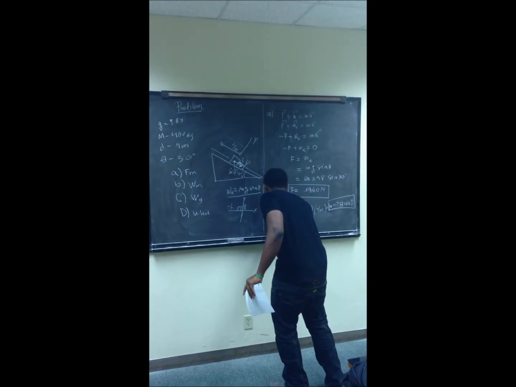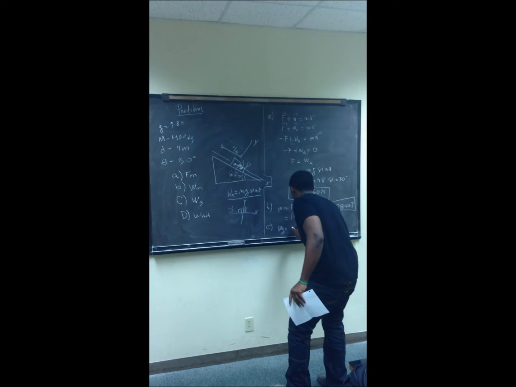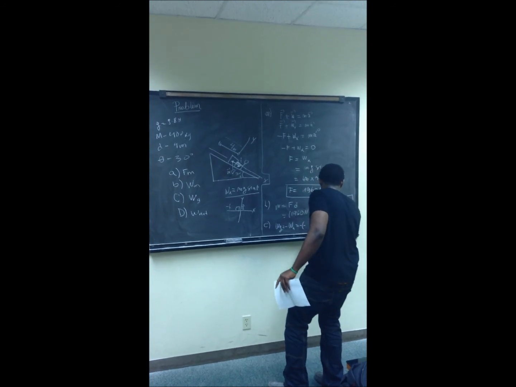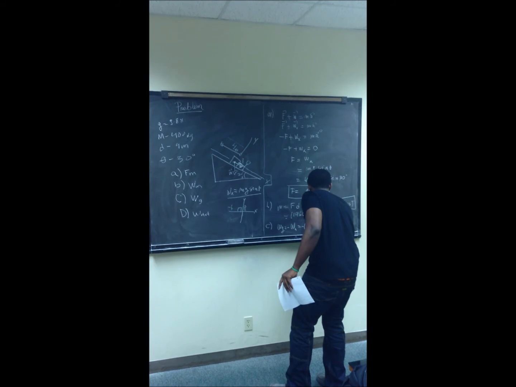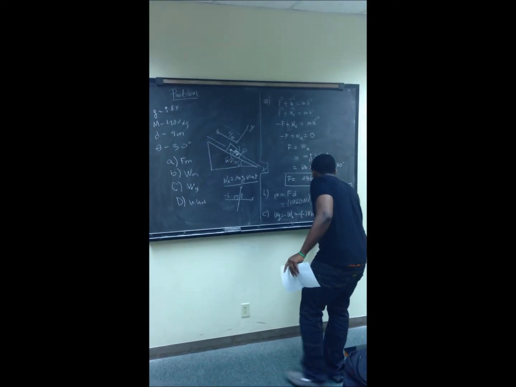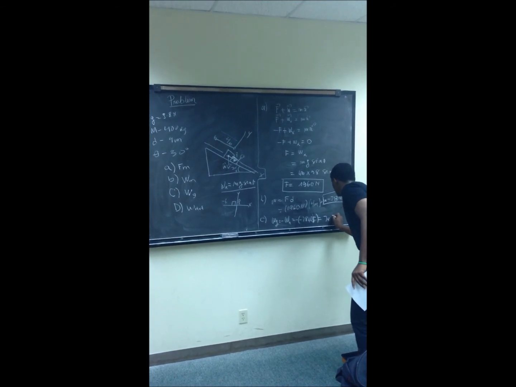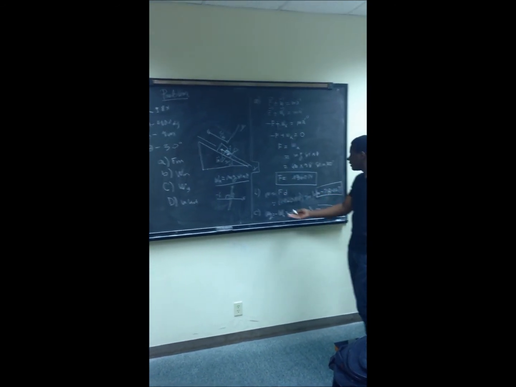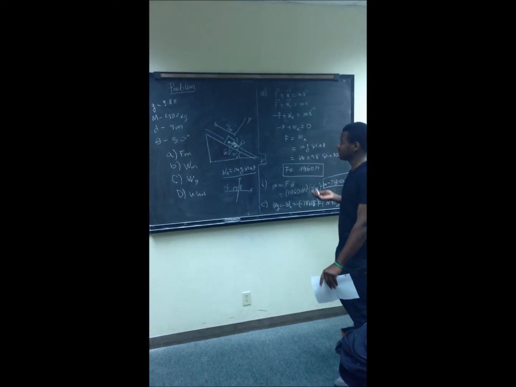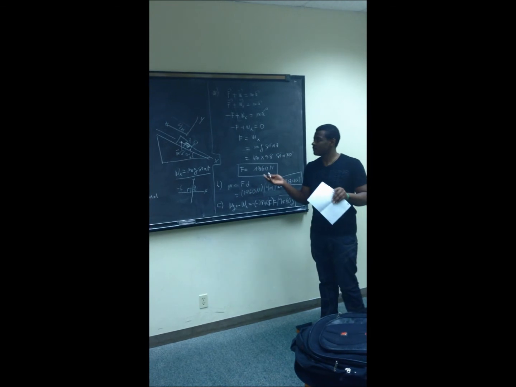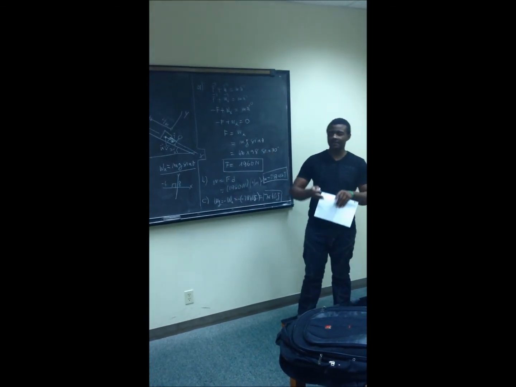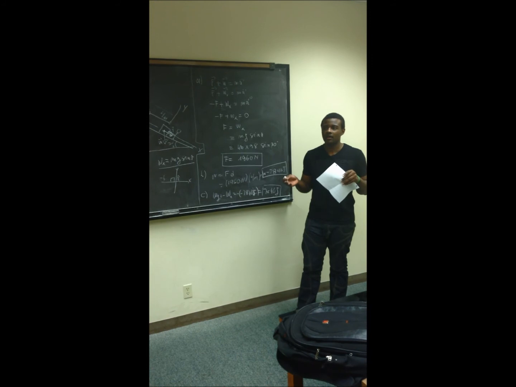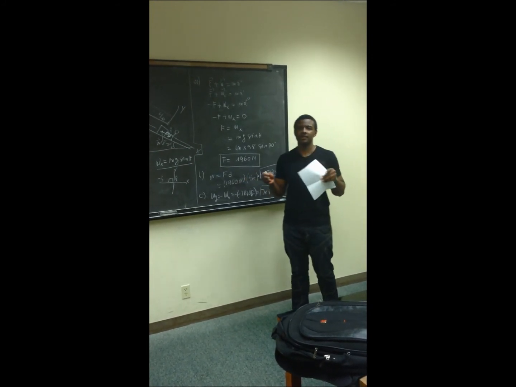What I mean is that the work done by gravity is the negative of the work done by the man, which is positive 7840 joules. It's the negative because the work of gravity is actually the potential energy, and by convention from what we learned in class, the potential energy is equal to the negative of the work.